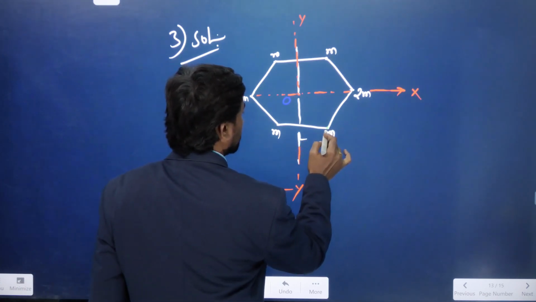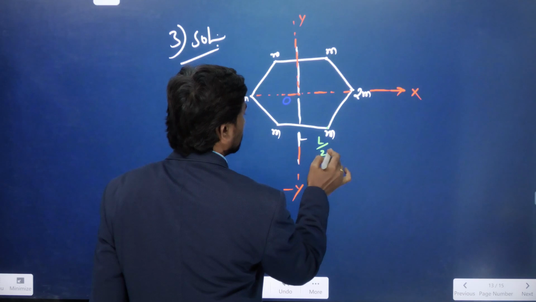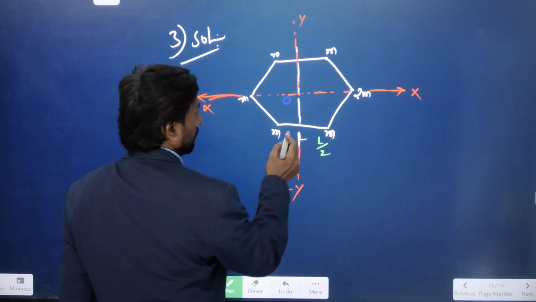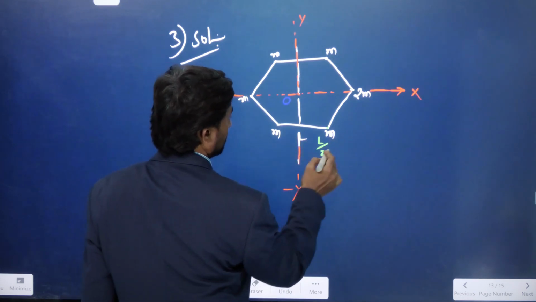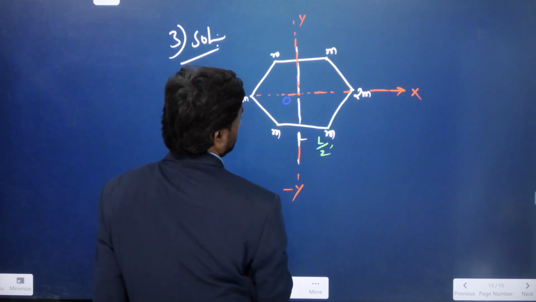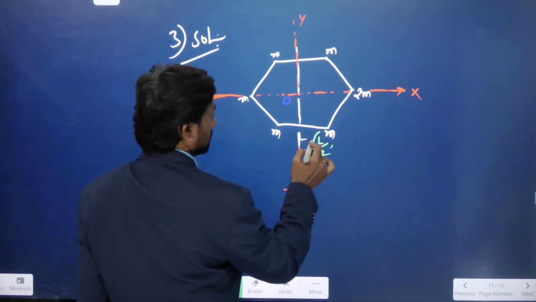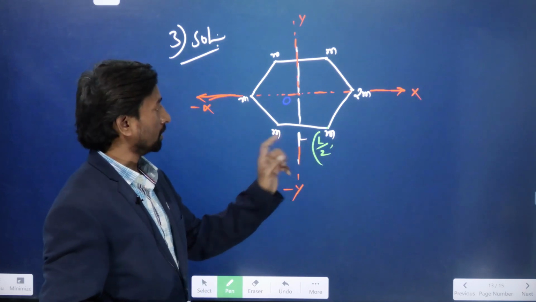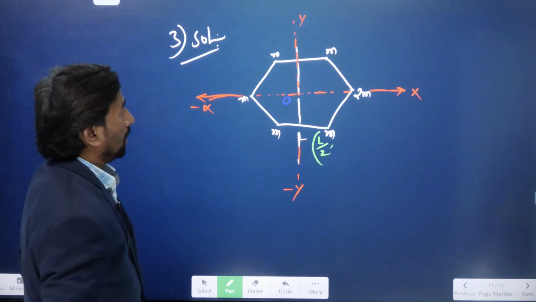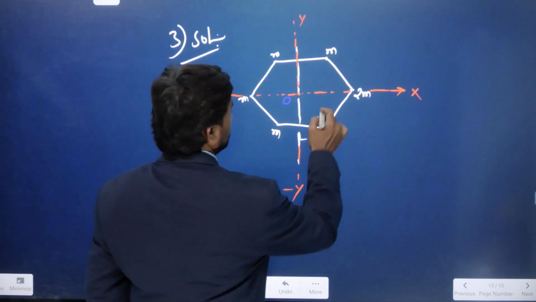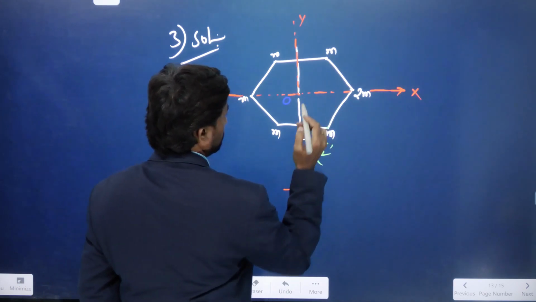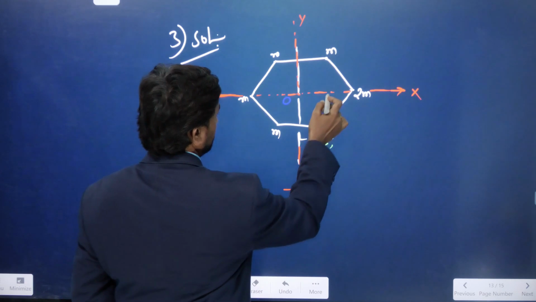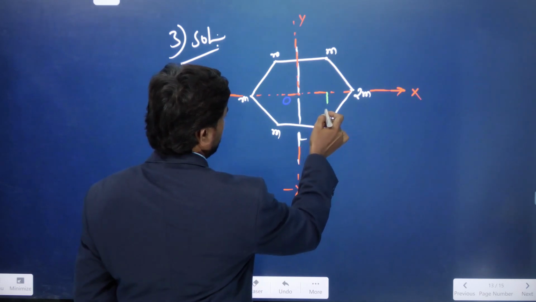So, this mass will be at a distance L by 2 on the x axis, and this will be minus L by 2. So, we get the coordinate L by 2 towards the positive x axis. And we should find out the y coordinate here.